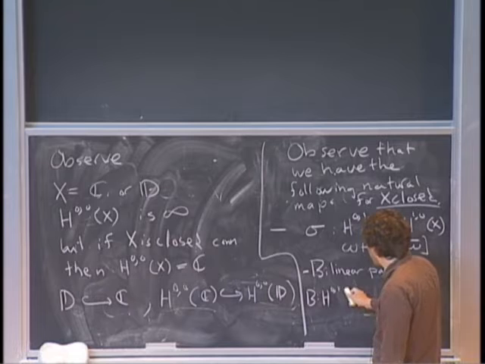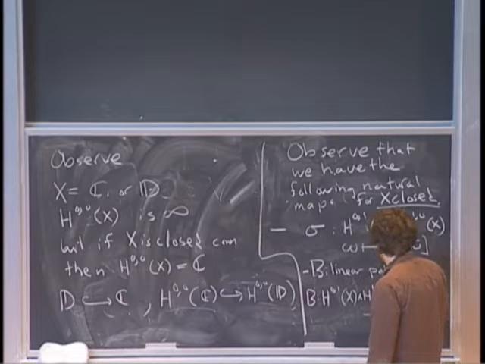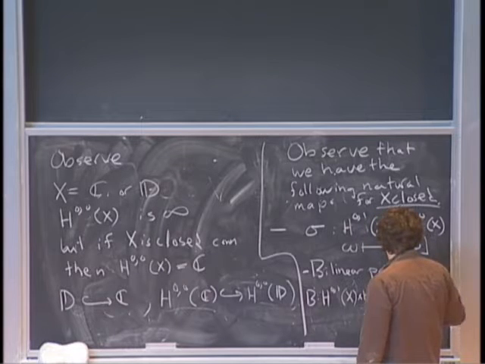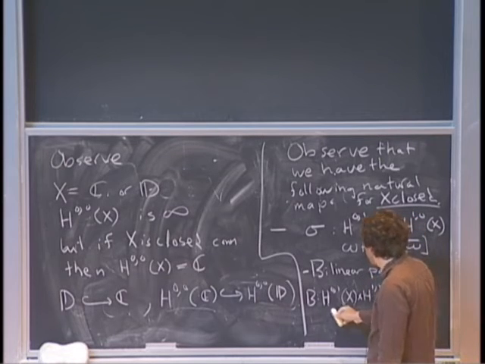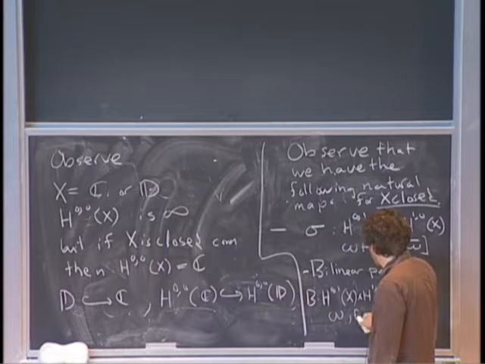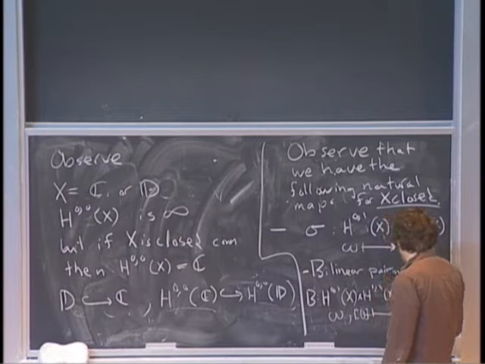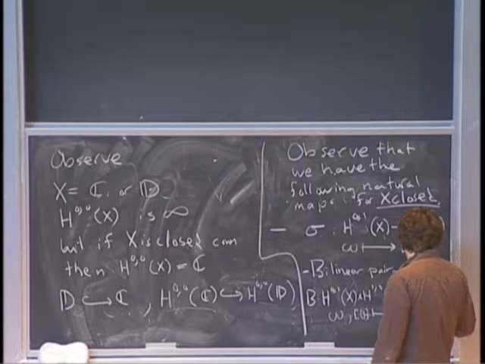Okay, so we're going to have this natural pairing between the complex plane, where we take a form, say omega, and we take a class theta, and we map it to the integral over X of omega wedge theta.